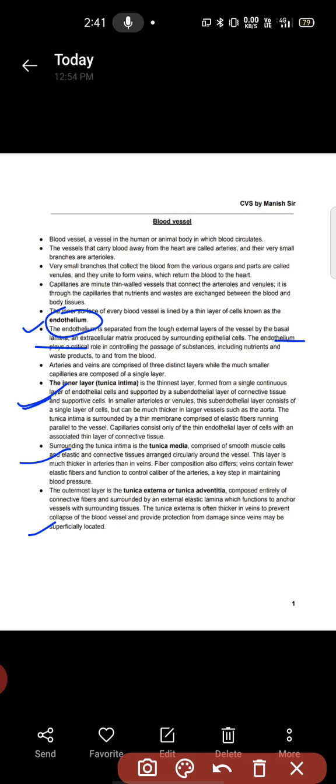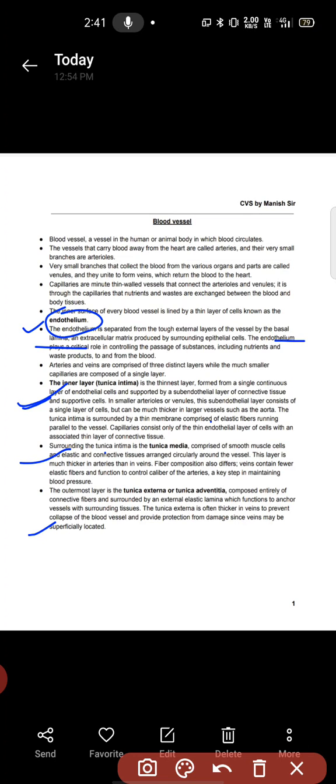Tunica intima is the thinnest layer, formed from a single continuous layer of endothelial cells and supported by a subendothelial layer of connective tissue and supportive cells. In smaller arteries or venules, this subendothelial layer consists of a single layer of cells but can be much thicker in large vessels such as the aorta.